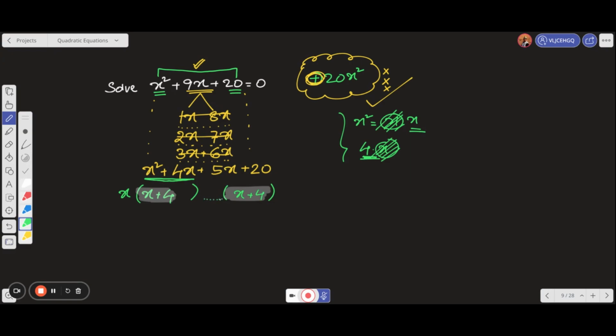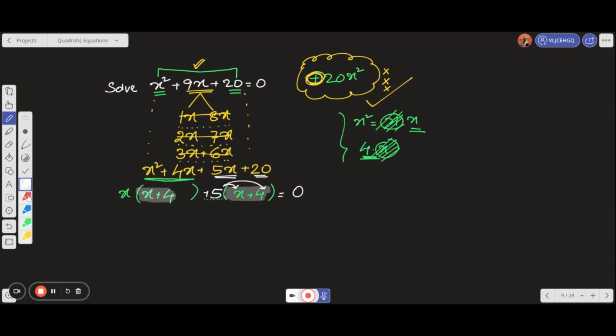Now, you think of a number like maybe 1 time x, will you get 5x? Obviously no. Let's try 2 times x. Is it 5x? No. 3 times x, 4 times x. How about 5? If I take 5, yes, it seems to work. If I take positive 5, 5 times x, yes, I see that 5x. And 5 times 4, that is giving me 20. Yes, that's working.